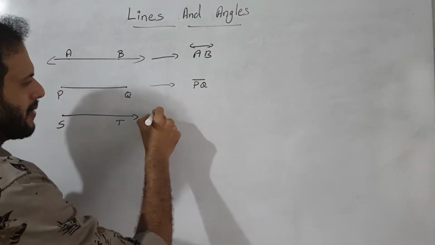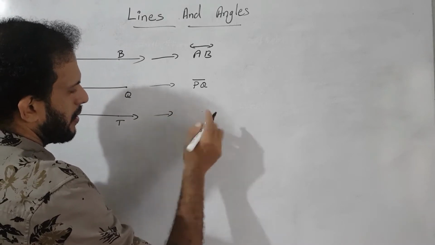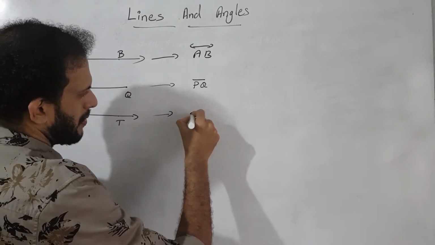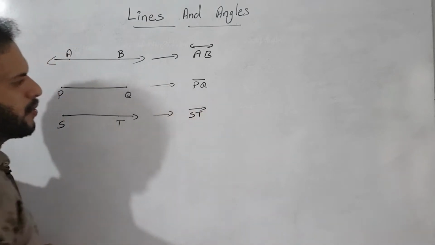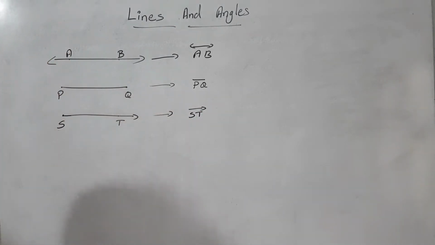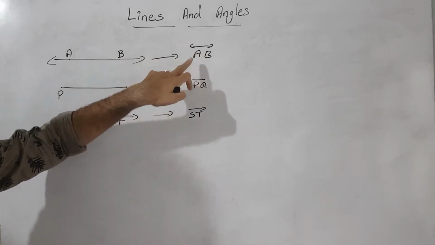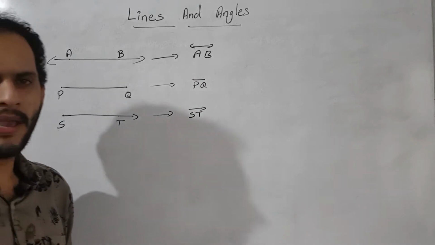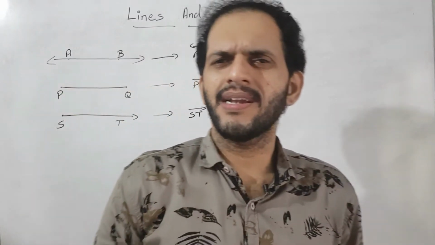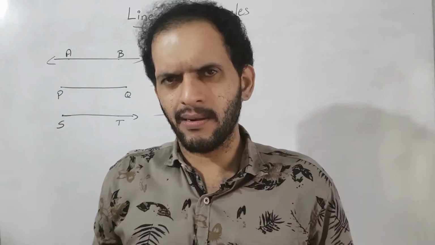Then how do we represent it? We represent the ray like this, the ray ST. Then we call it ray ST. The first one, how do we read this one? It is line AB, line segment PQ and ray ST. Okay, then next we discuss angles. How do we make an angle?